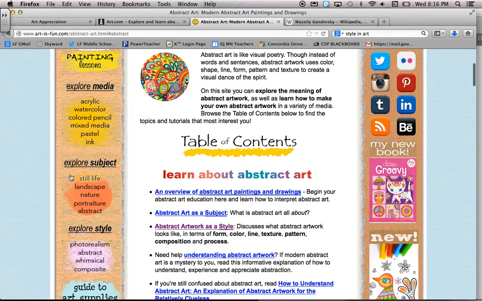And then there are different subjects like still life, landscape, nature, portrait, and abstract, and you'll see all of these subjects in a lot of styles. If we're talking about Impressionism as a style, a lot of times you will see a landscape painting in the Impressionist style.